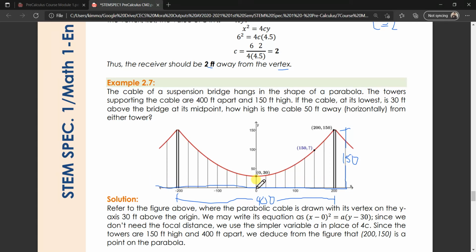So 30 above ana niya nga feet, dira naka butang ang lowest point sa ato ang cable. So ang height ani niya, this is of course equal to 30 feet. Ang katas-on ani niya from the bridge. So the question is, how high is the cable 50 feet away horizontally from either of the tower?